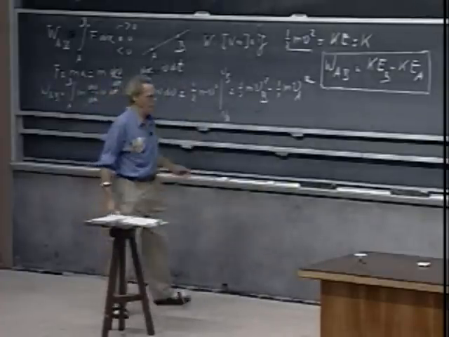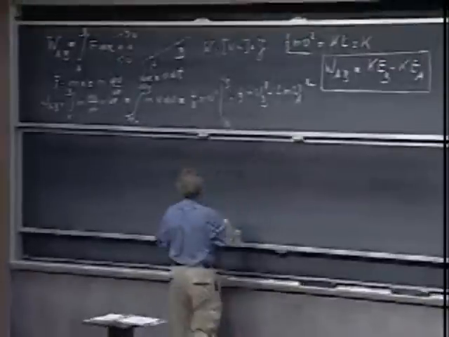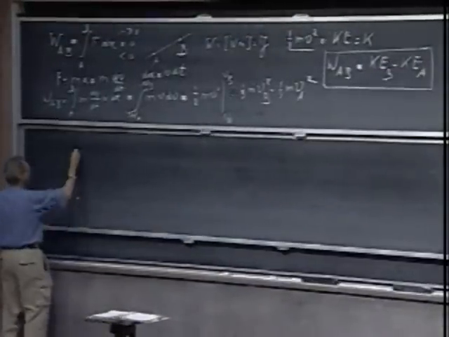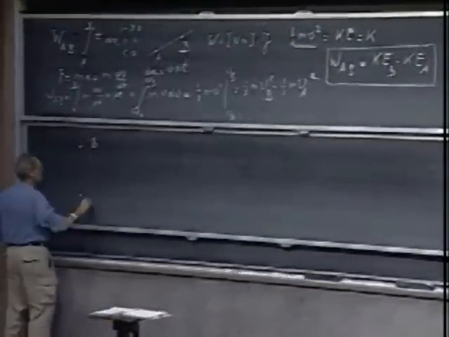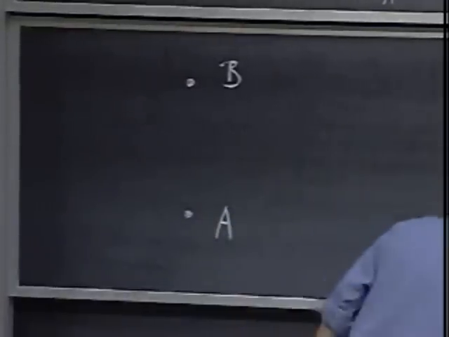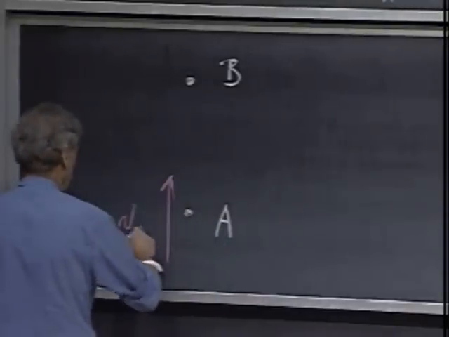Let's do a simple example. Applying this work-energy theorem, I have an object that I want to move from A to B. I let gravity do that. I give it a velocity. Here is the velocity VA.